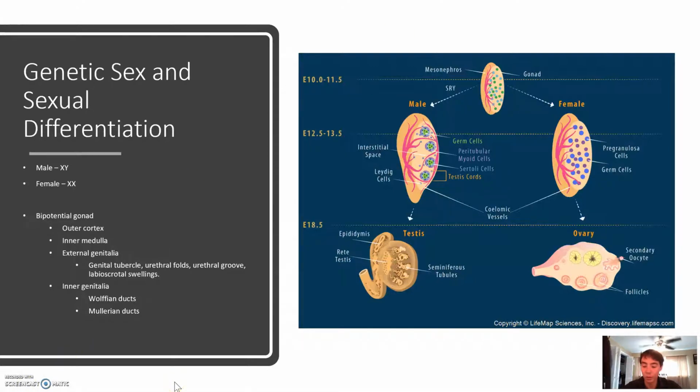The bipotential gonad also has external genitalia, which consist of the genital tubercle, urethral folds, urethral groove, and labioscrotal swellings. The internal genitalia consist of Wolffian ducts and Mullerian ducts. So on the right here we can see the bipotential gonad separating into male and female components, and we'll continue our discussion on the next slide.